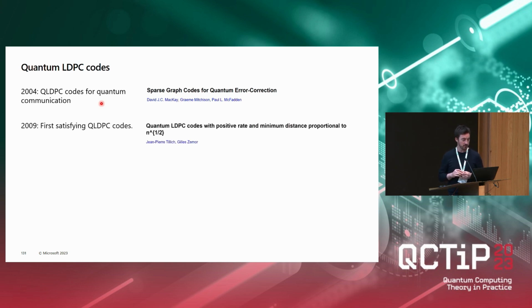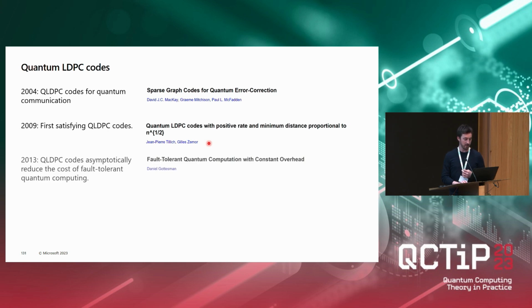The first satisfying family of quantum LDPC code are those hypergraph product codes. I'm going to review the construction later by Tillich and Zemor. And I'm saying satisfying and not good, because good means something different. By satisfying, I mean that they correct a polynomial number of faults. We can correct of order square root of n faults, which is better than a log.